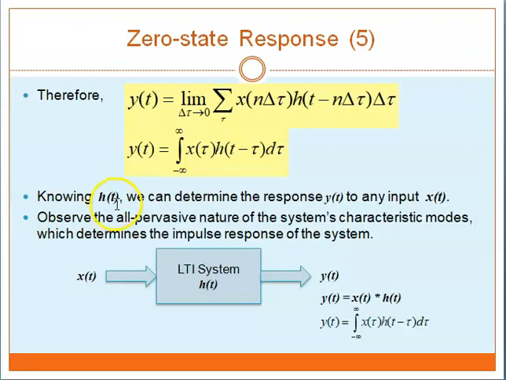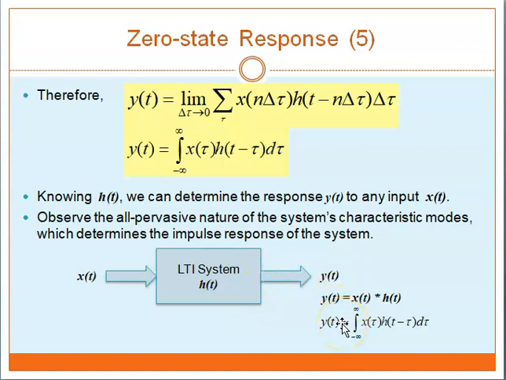So knowing h(t), we can determine the response y(t) to any input at t. Observe the all-pervasive nature of the system characteristic mode, which determines the impulse response of the system. So you have the incoming signal x(t) coming into the system, which is an impulse system, and it will give you the y(t).